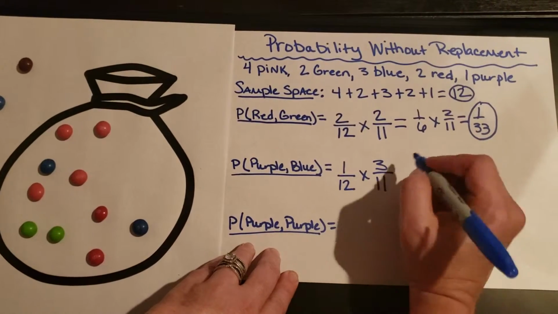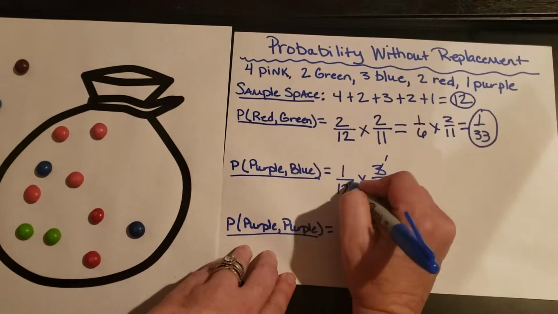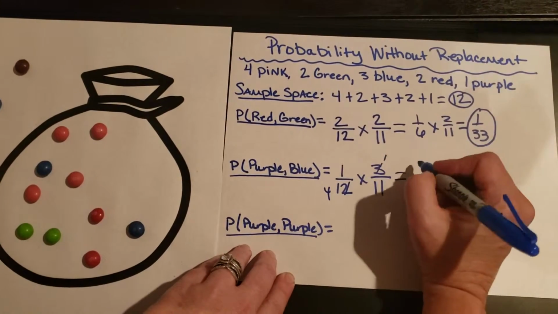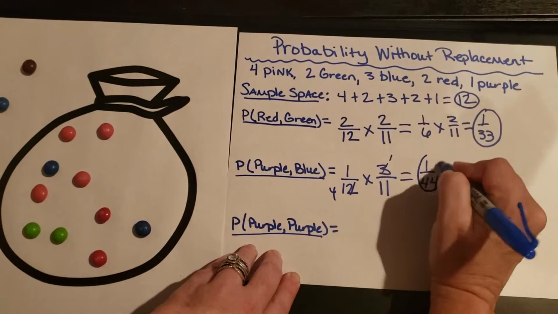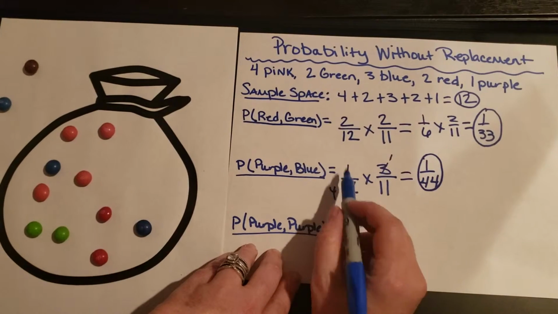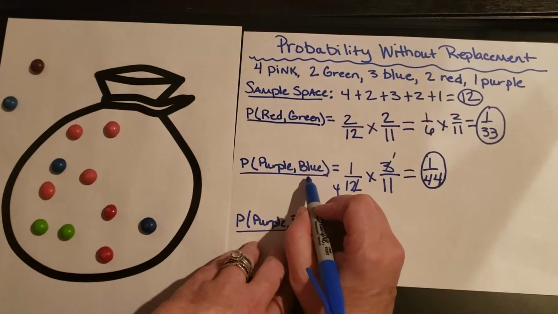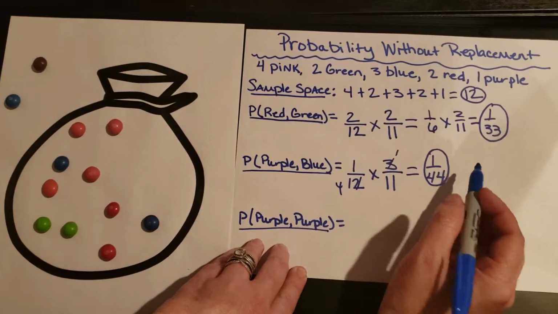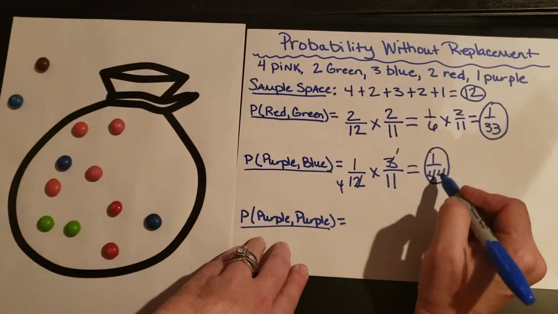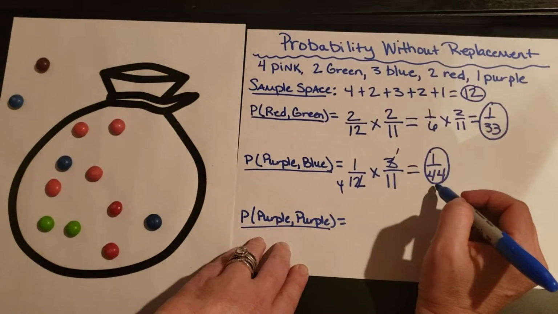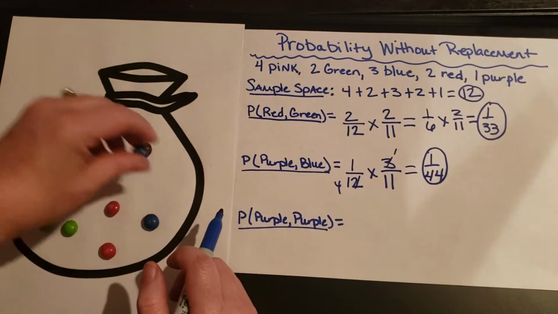We simplify this, and it comes out to being 1 over 44. Again, this is the probability of selecting purple, this is the probability of selecting blue, and the probability of selecting purple and then blue, once we multiply, comes out to being 1 out of 44. So now we're going to put these back in the bag and start over.